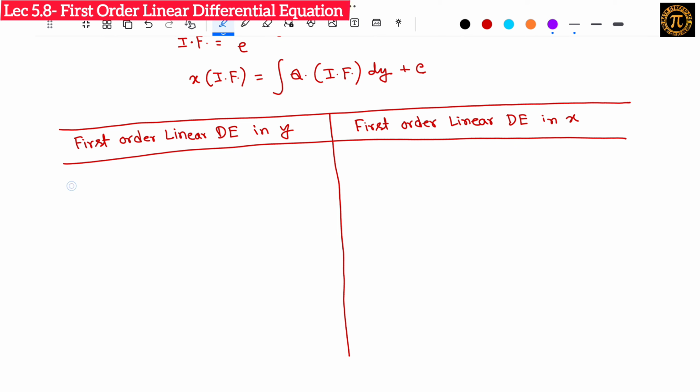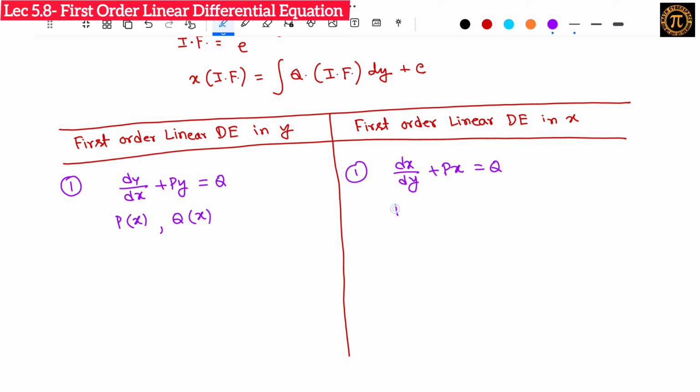In the first case, the general form is dy/dx plus py equals q. In the second case, the general form is dx/dy plus px equals q. Here p and q are functions of x only, but in this case p and q are functions of y only.